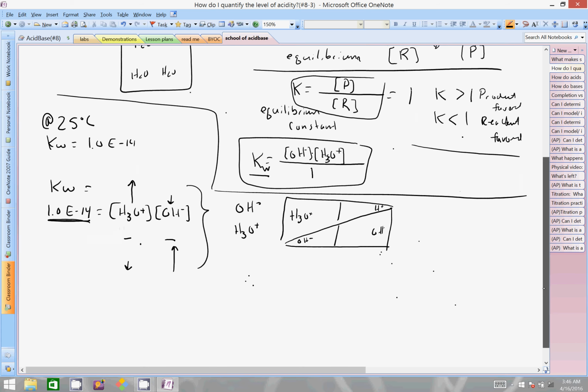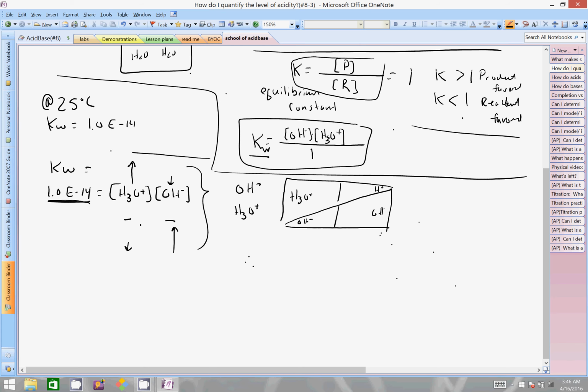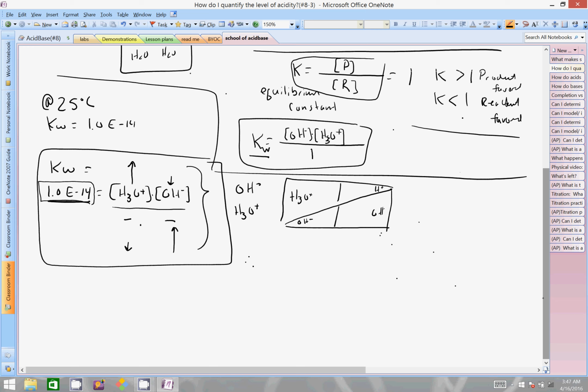So that is mathematically, in reality, what's going on. The solution can only hold so many H plus ions and hydroxide ions, and when multiplied together, they will never exceed the value of Kw.